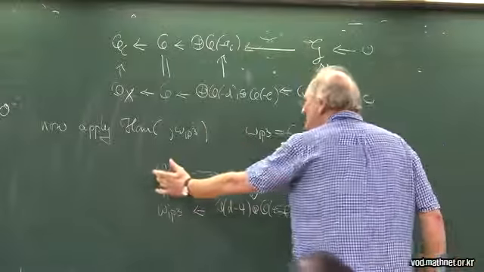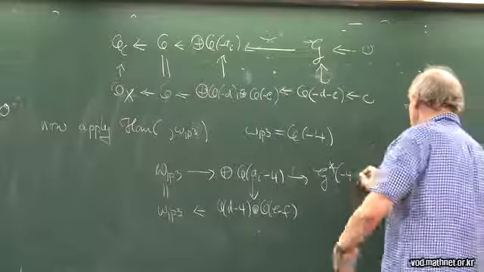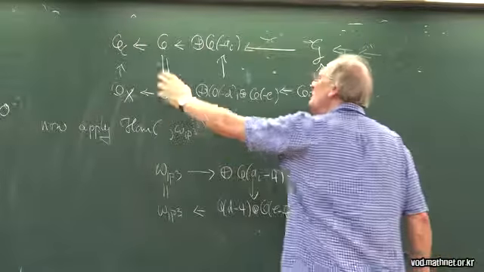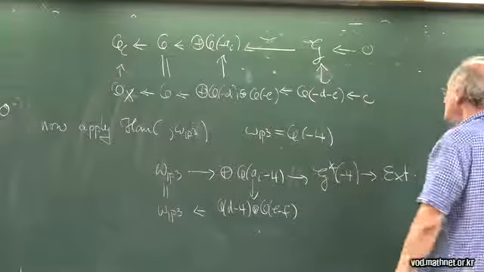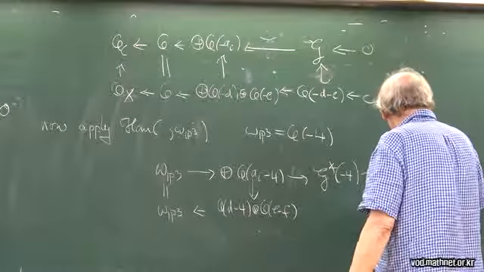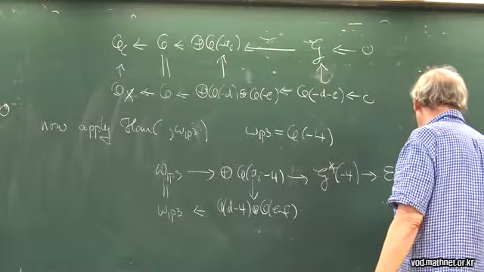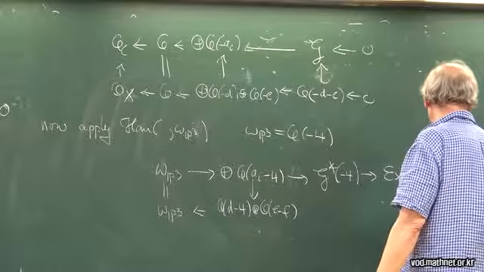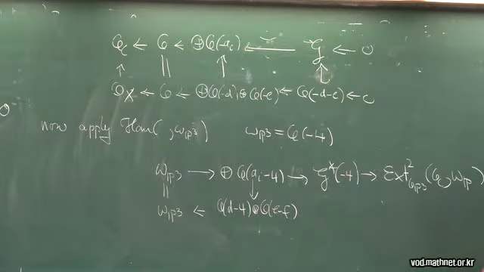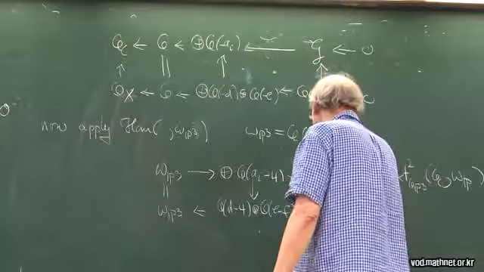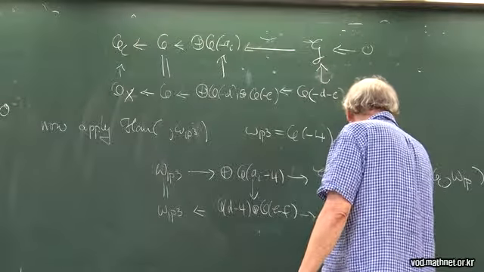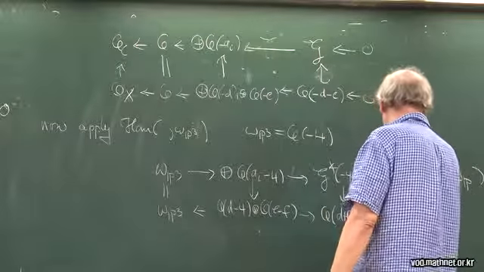And then by duality theory, here I get an Ext group. So this is a locally free resolution of OC. I can compute the Ext sheaf Ext2 on P3 of OC with values in omega P3. And similarly here I have another term, O of D plus E minus 4. The map goes in this direction.